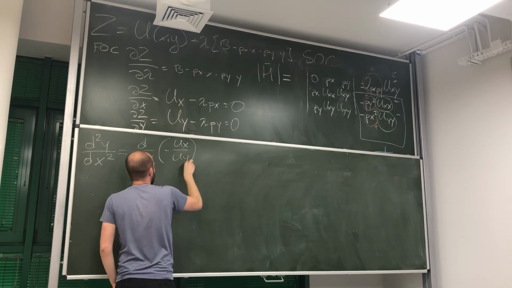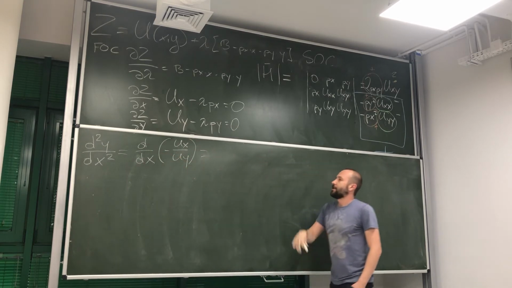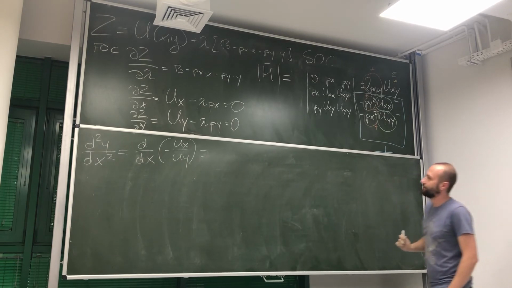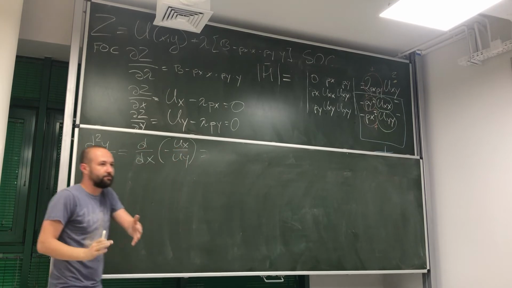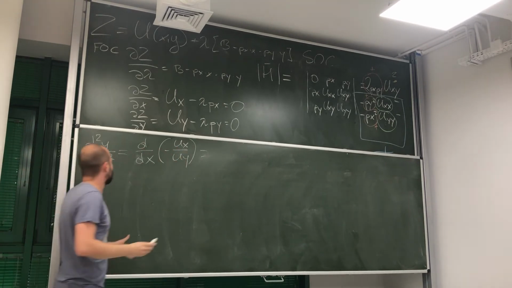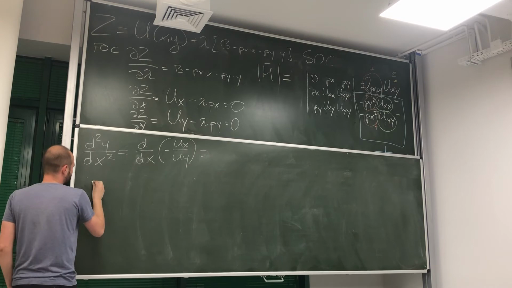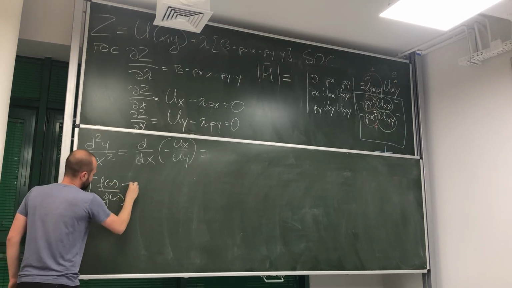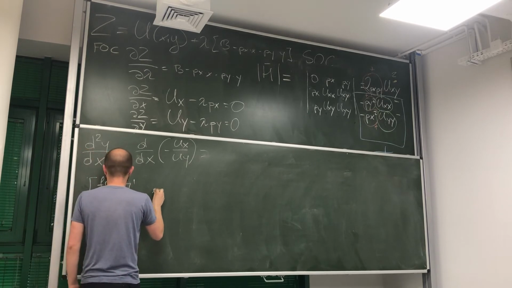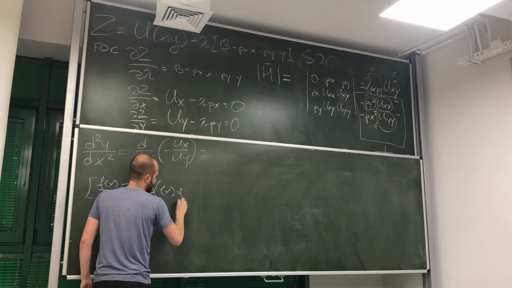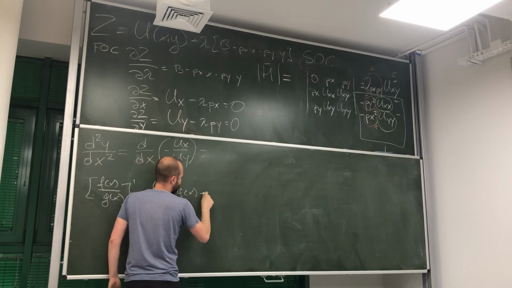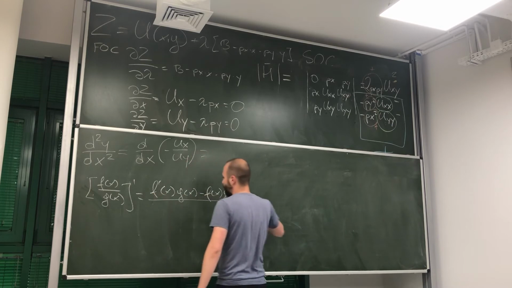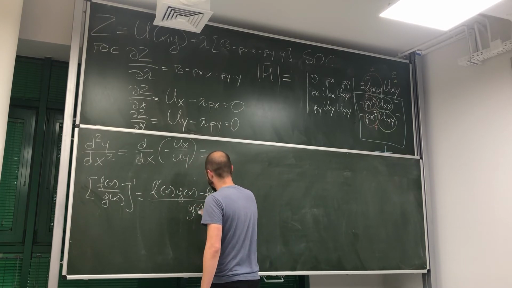Okay, and look. First problem, we've got a quotient of two functions. What do we do? Of course we use the quotient rule. Remember that the derivative of a quotient is equal to f prime of x times g of x, minus f of x times g prime of x, over g of x squared.